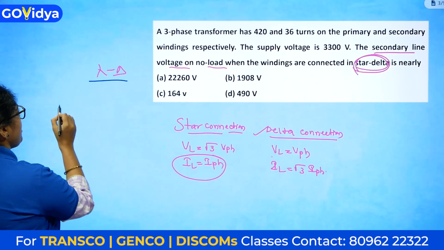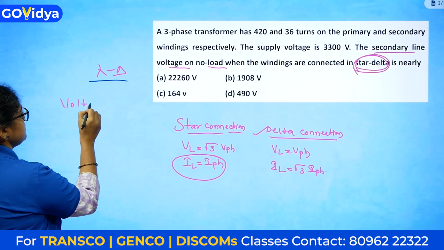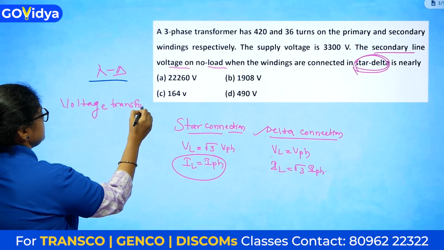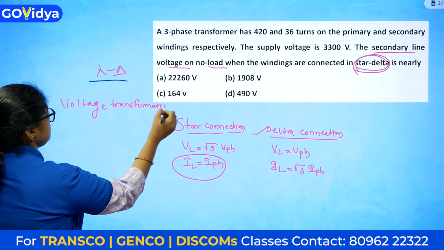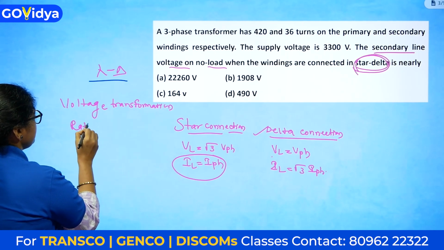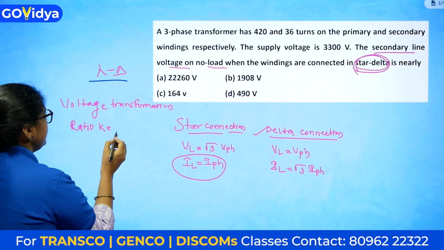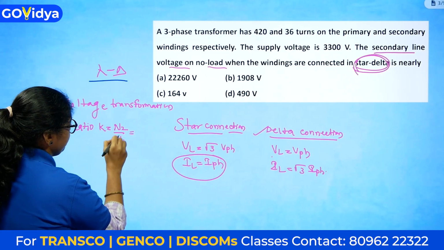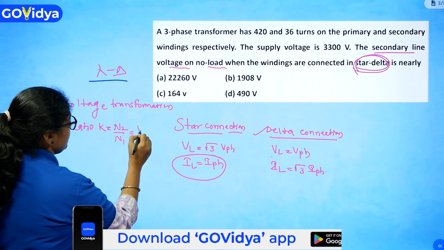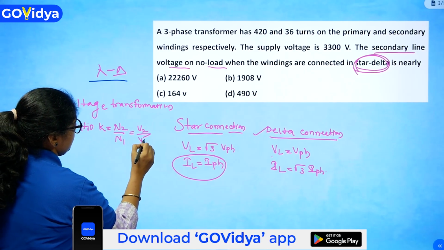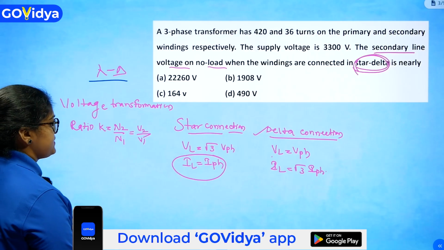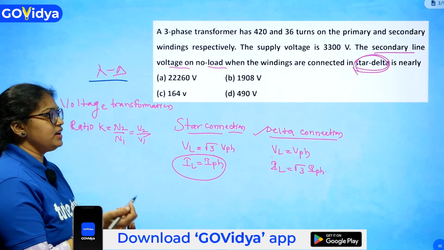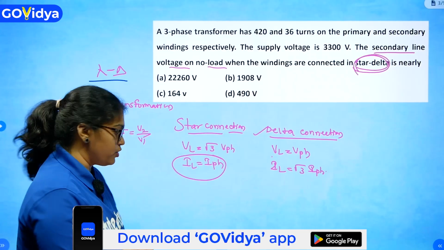We know the formula for voltage transformation ratio. K is equal to N2 by N1, which is equal to V2 phase by V1 phase, because in the question they have mentioned star-delta, and in delta the line voltage is equal to the phase voltage.